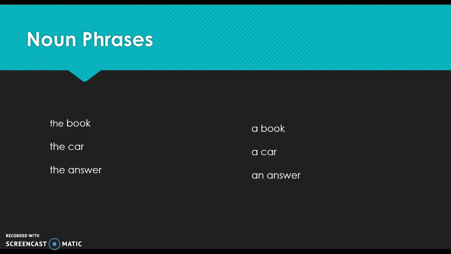So linguists might say there are two articles, the meaning the definite article and a meaning the indefinite article, even though the indefinite article has two forms. Grammar books, however, might say we have three articles in English. Linguists want to emphasize that a and an are used the same way, so they emphasize that similarity.